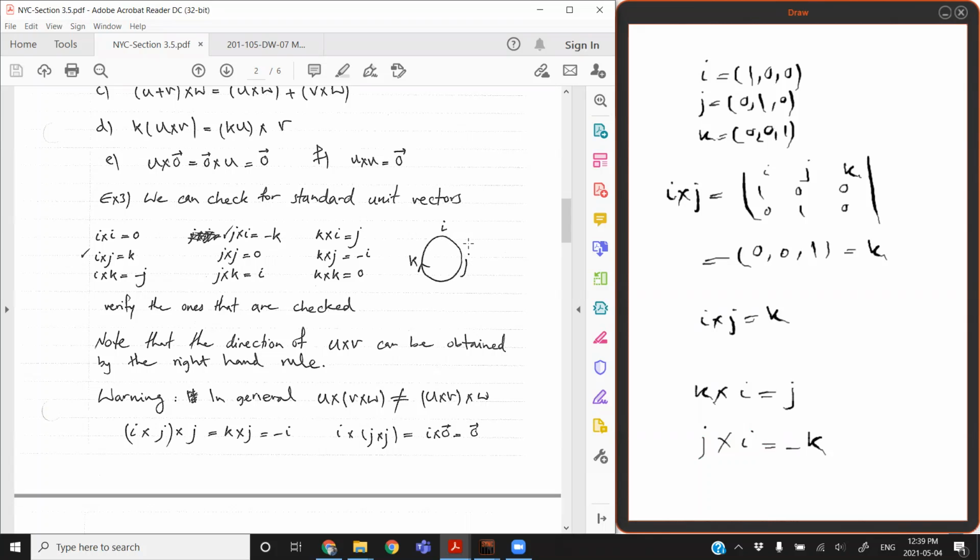I times k is going to be minus j. And k times j is going to be minus i. I have it here. And if you multiply each one of these vectors by itself, and generally any vector times itself using cross products, it's going to give you 0.